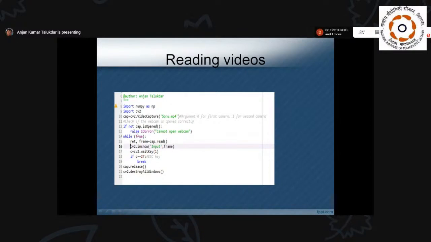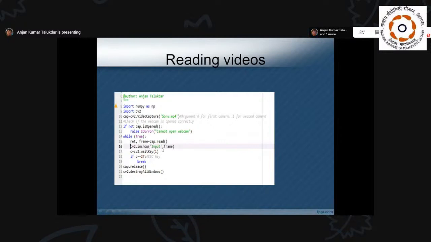Then you can check whether it is capturing the video properly: if not cap.isOpened, raise an error and display the line that it cannot open the webcam. Otherwise, while True, you read the video frame by frame.